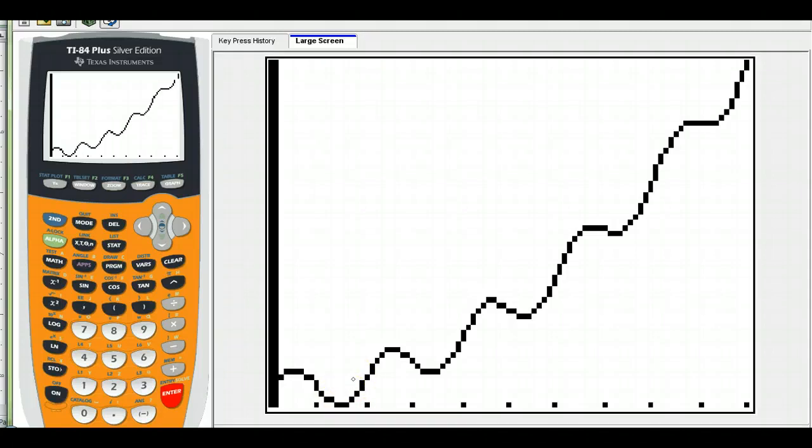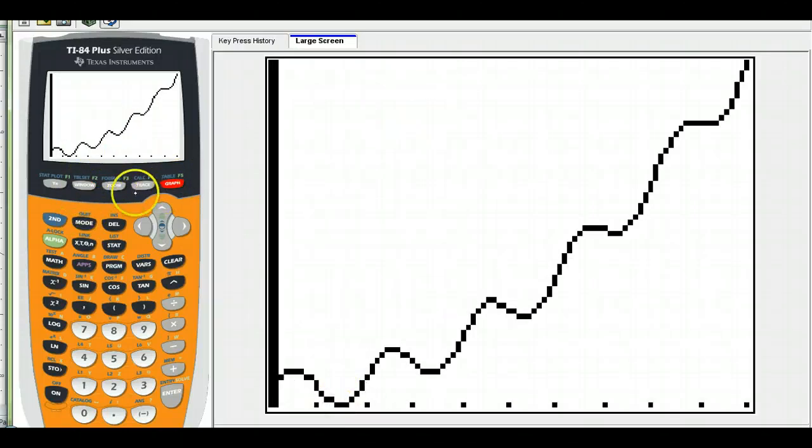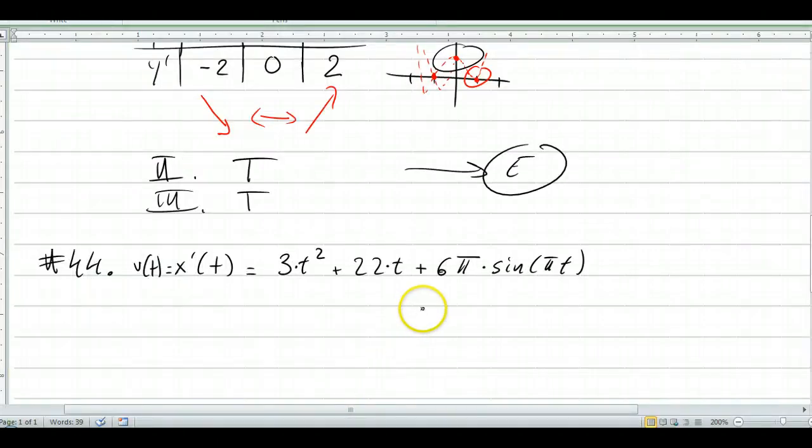Let's look at the window, the y min. The y min is 10, you can see that right here. So the function is never negative. That's all. So the velocity is never negative, so I would say it's E. Let me check that. 44, yeah, 44 is E.